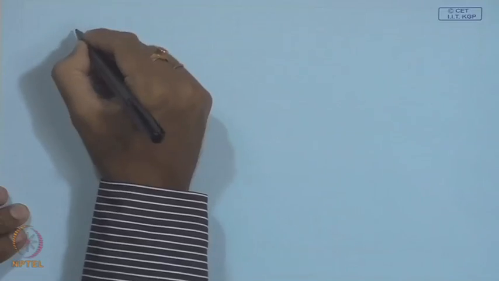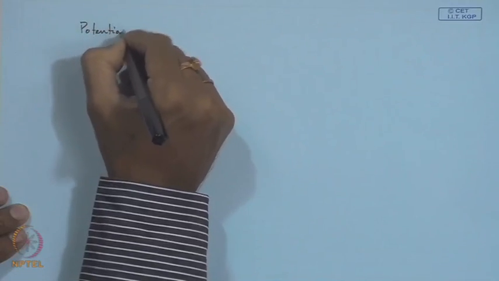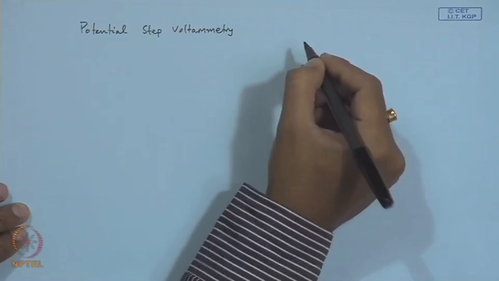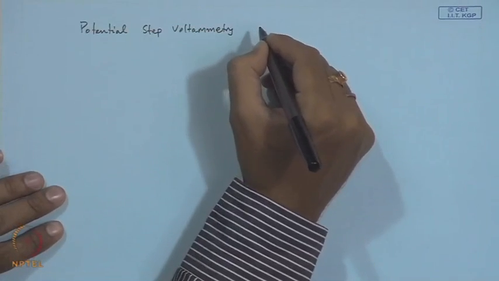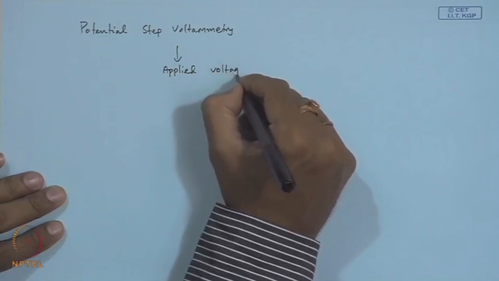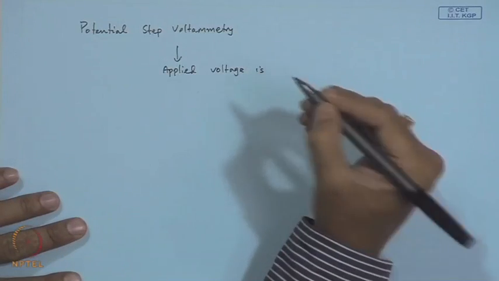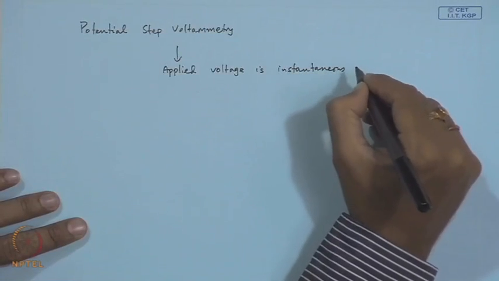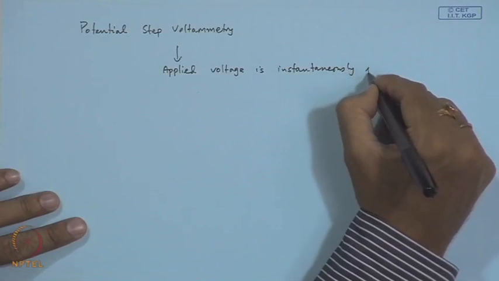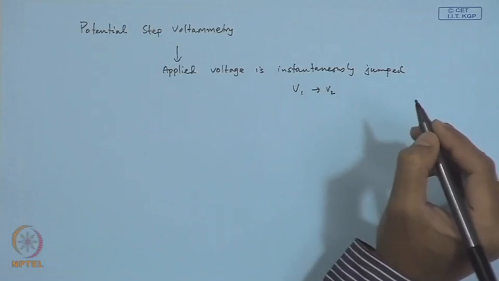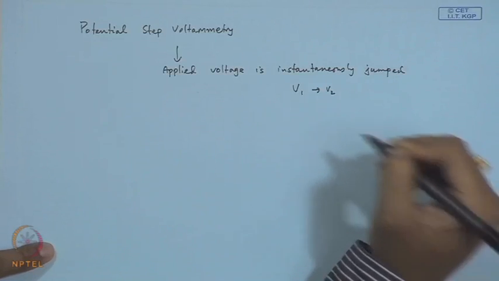Now, in potential step voltammetry, the applied voltage is suddenly and instantaneously jumped from one value to another, say from V1 to V2, and the resultant current is measured as a function of time.